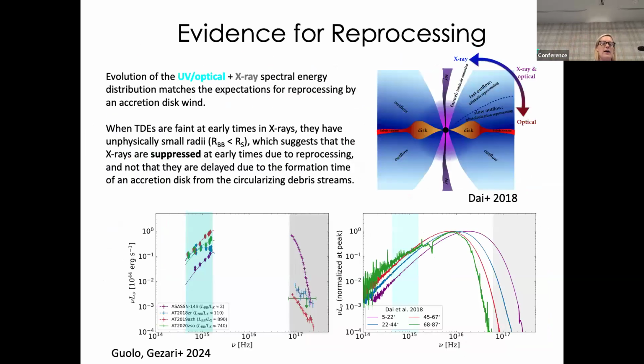We've argued, from a very nice study by my graduate student, Muryel Guolo at Johns Hopkins, that if you look simultaneously at the UV, optical and X-ray spectral energy distributions, they actually do show the features of reprocessed emission, and that at later times you can see it evolving to a spectrum that's more like just a plain disk.